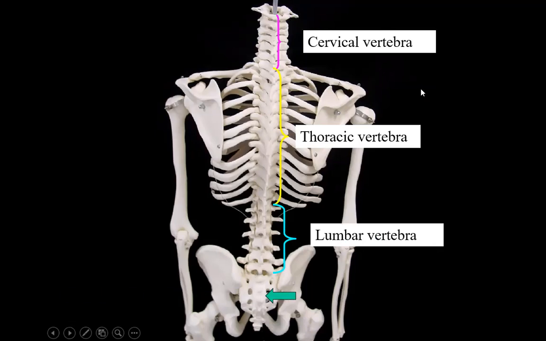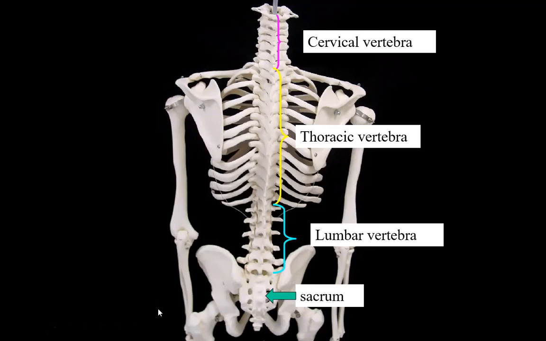Now, there's a large cluster of fused vertebrae. In fact, there are 5 fused vertebrae in this structure at the base of the spinal column, and it's called the sacrum, right there. 5 fused vertebrae. And directly below the sacrum is another structure known as the coccyx, or tailbone.